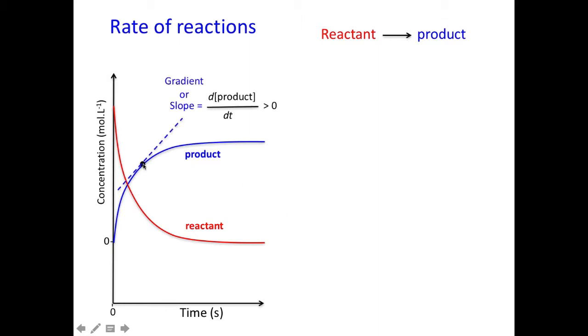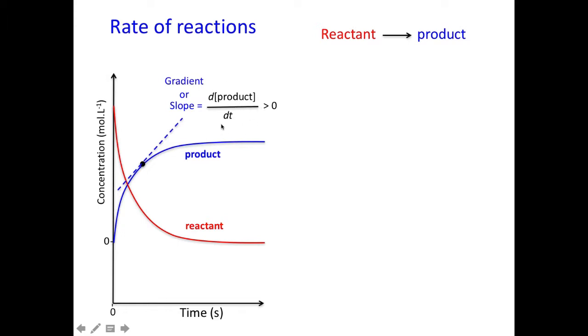So if we take any point here, we can calculate the gradient or the slope of the line passing through this point, the tangent to this point, which is the dashed line. Here we calculate the infinitesimal variation of the product divided by the infinitesimal variation of time.